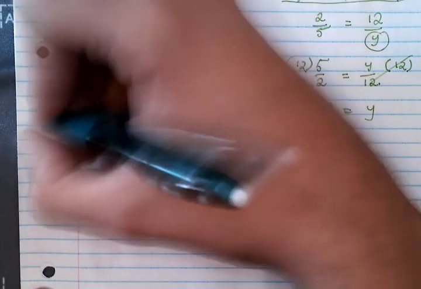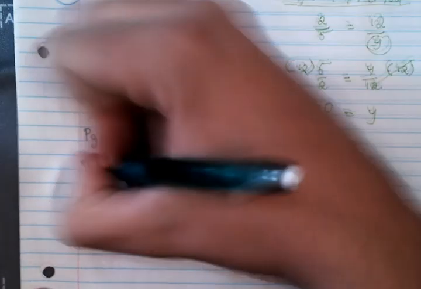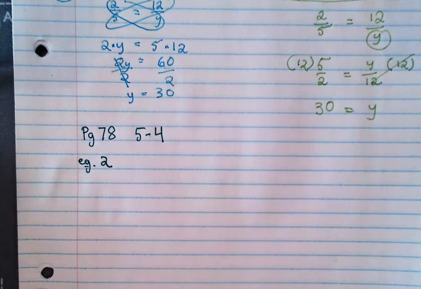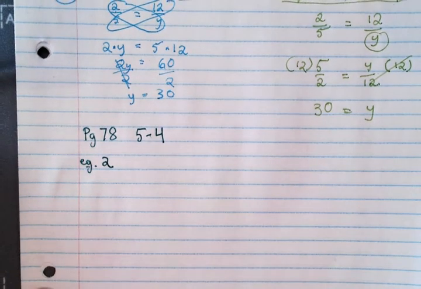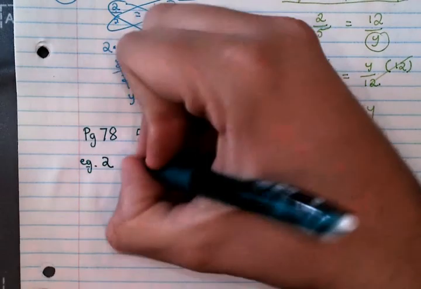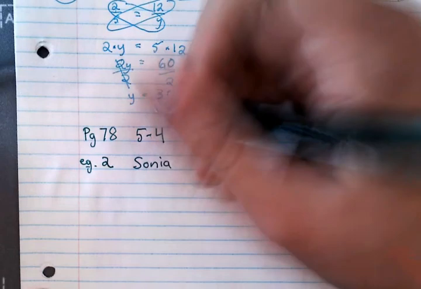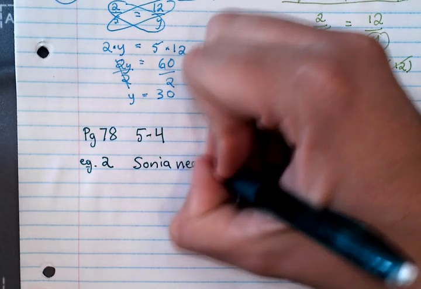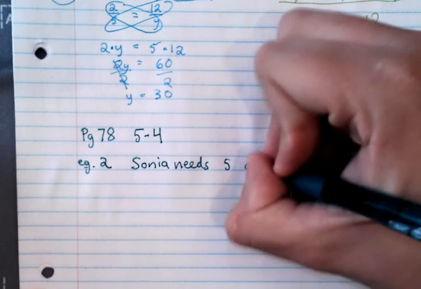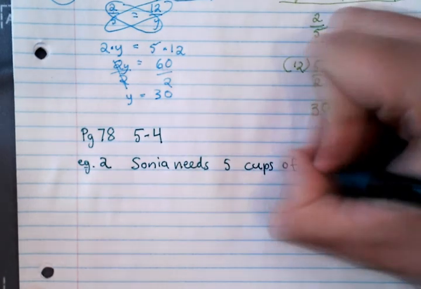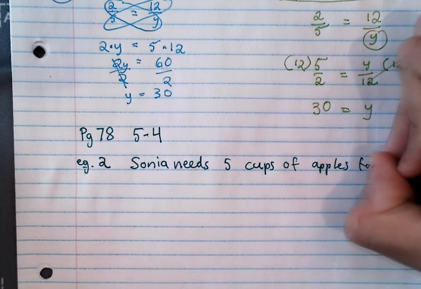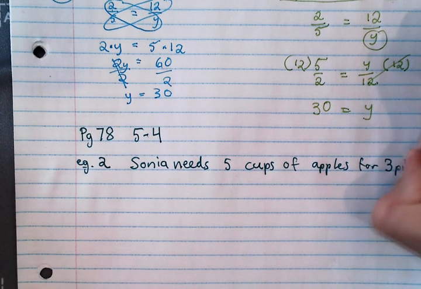And I'll just call this example 2. Okay, so Sonia needs 5 cups of apples for 3 pies.